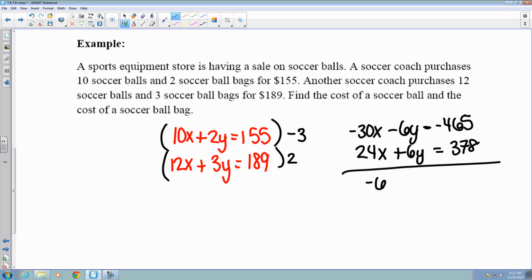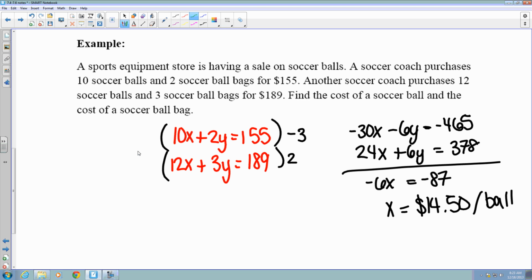Add down, this is negative 6x equals negative 465 plus 378, which is negative 87. So negative 87 divided by negative 6 is 14.5, so that means $14.50. x represents the cost of a ball, so this is per ball, and then we plug that 14.50 into x.